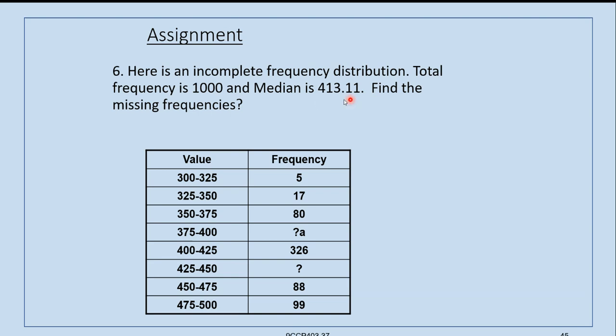So the formula is 413.11 is equal to 400 plus n by 2, which is 500, minus the cumulative frequency 102 plus f1, and so on. Frequency you can calculate by converting this, and substitute the values. We will get the f1 and f2 values.